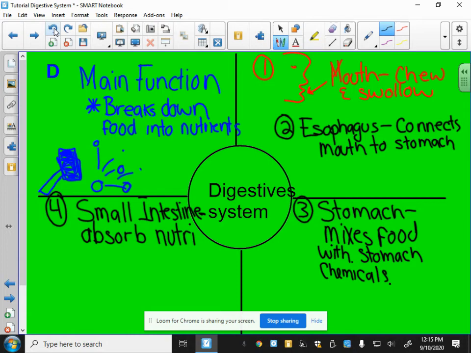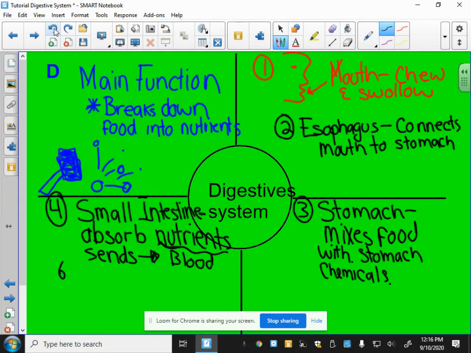So once the food has been broken down into microscopic pieces, it's called nutrients. And once they are in that size, the cells can use the food as energy. So it has absorbed nutrients, and then it sends those nutrients to the blood. And the blood carries those nutrients throughout the body.